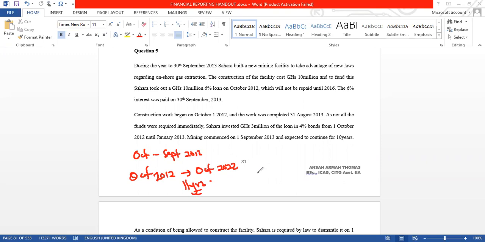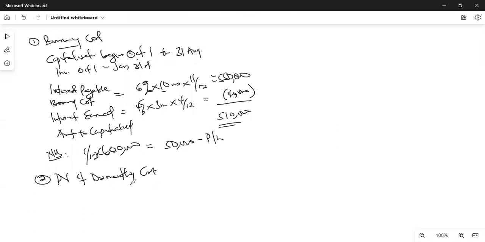So if we are going to PV the dismantling cost, we look at the money that we are spending, which is 3 million. We have 3 million, and we have 1 plus our cost of capital, which was 6%, 0.06, all raised to the power 11.